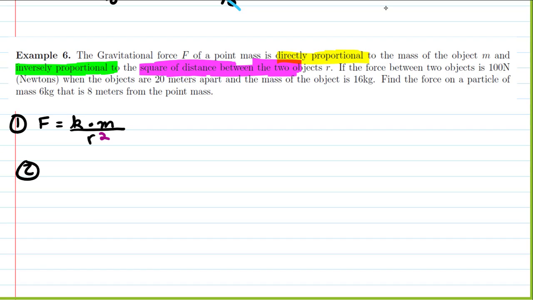Step 2 now, we have 1, 2, 3 variables. So we're going to need an r, an m, and an F that go together. If the force between the two objects is 100 newtons, that's our F, when the objects are 20 meters apart, that's our r, and the mass of the object is 16, that's our m, we now have an r, an m, and an F that go together.